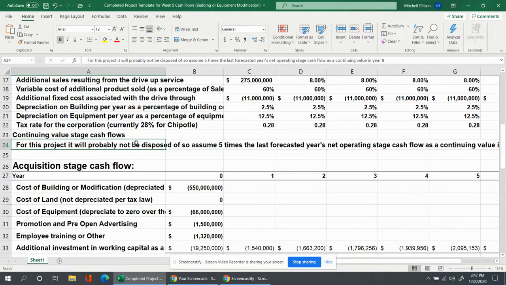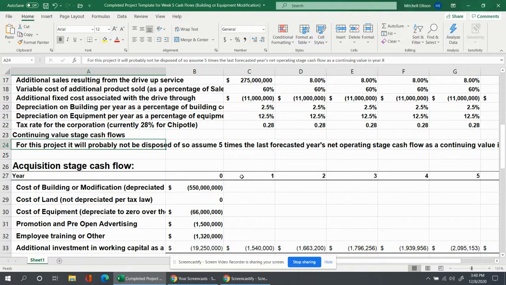When you get to the acquisition stage cash flows, you remember that cash flowing out of your pocket is negative, cash flowing into your pocket is positive. So you would spend $550 million on the buildings. You would spend nothing on the land because you're not buying additional land in this project.